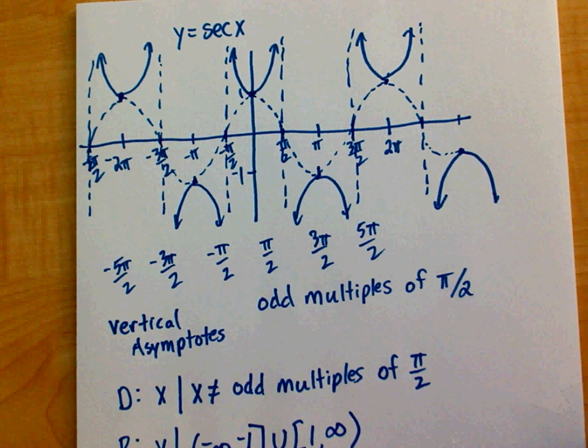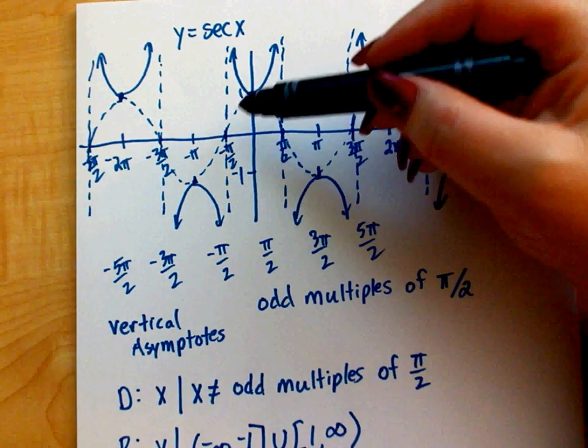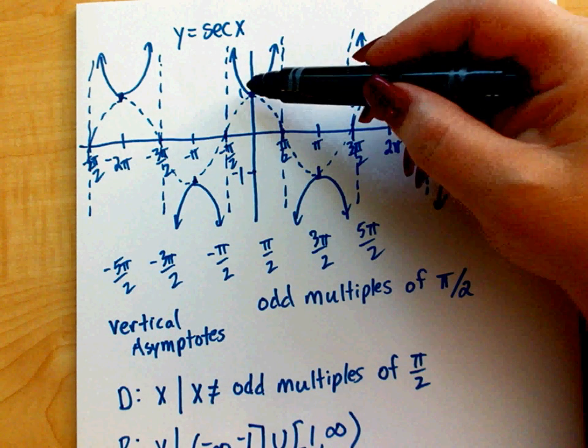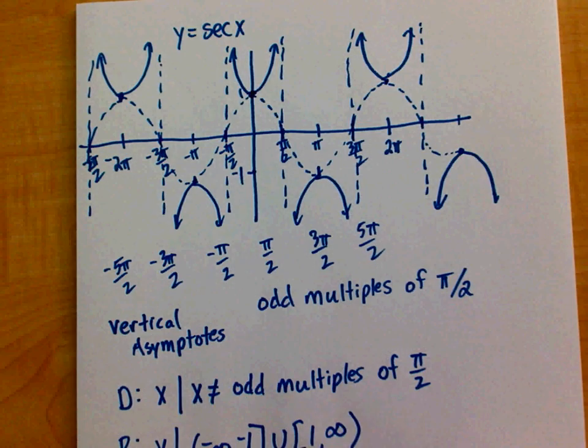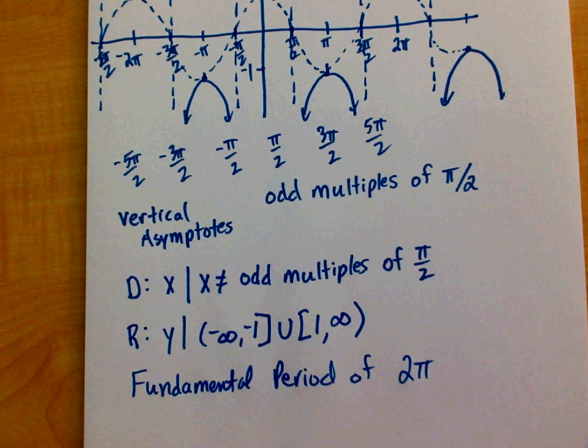So it really doesn't include the portion from negative 1 to 1, but then it starts again from 1 to infinity. It has a fundamental period of 2 pi. And that is our secant function.